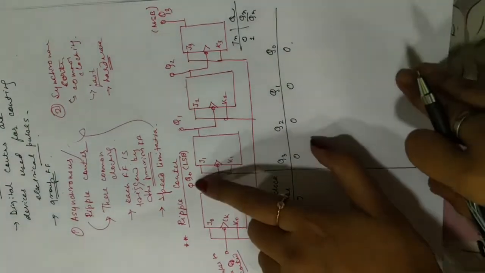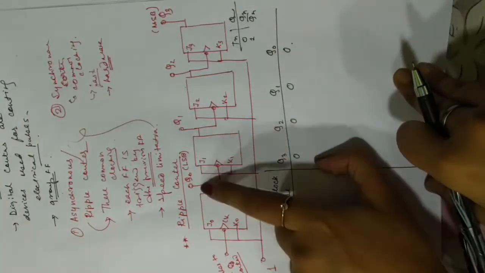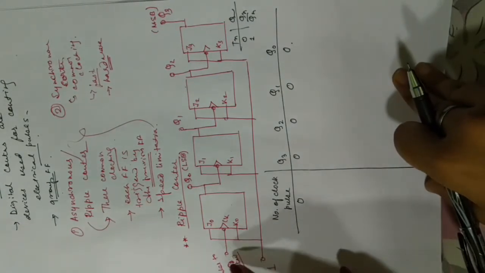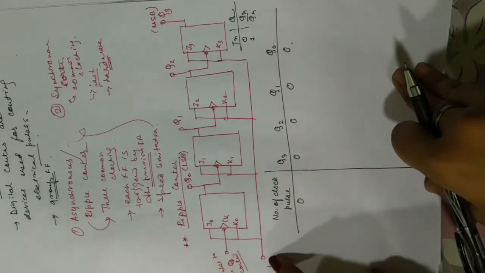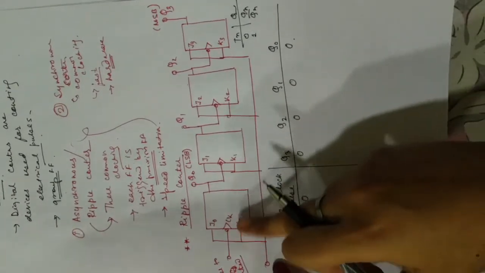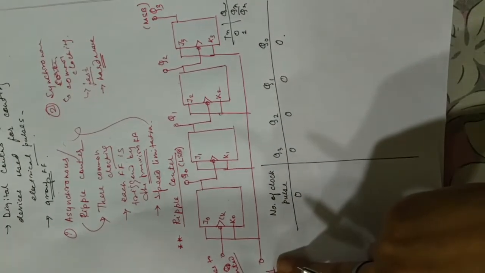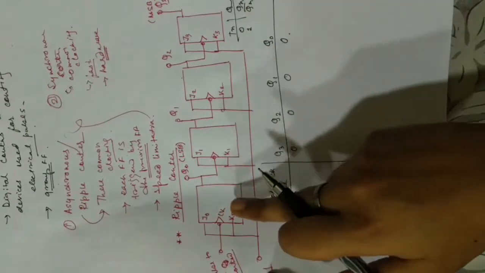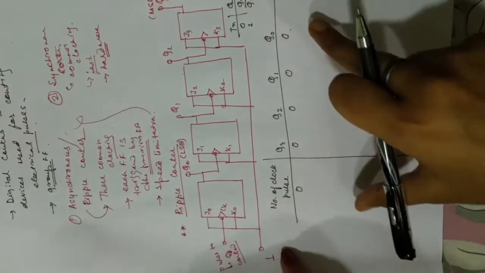That means we have set all the outputs to 0, 0, 0, 0, and we will apply toggling, right? Since all our JKs are connected with each other and all are finally connected to a 1, all these flip-flops are like toggle switches. They'll be working like toggle switches, right?